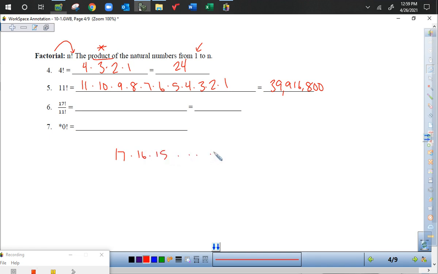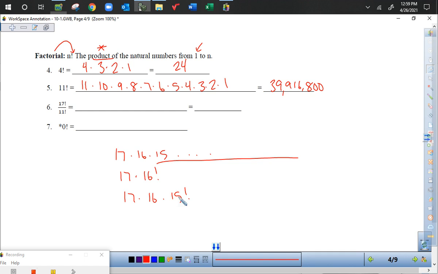But we can express it in a lot of different ways. We can take 17 and multiply it by 16 factorial because that would cover all those numbers to the right. Similarly, we could take 17 times 16 times 15 factorial, meaning essentially we can peel off those numbers until we want to stop at any number we want to stop at.